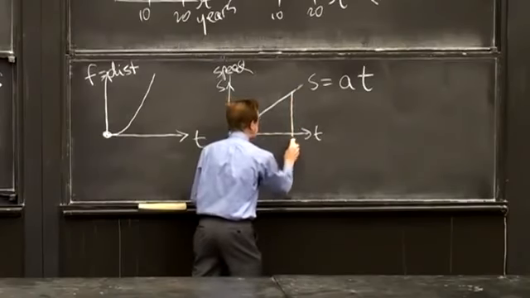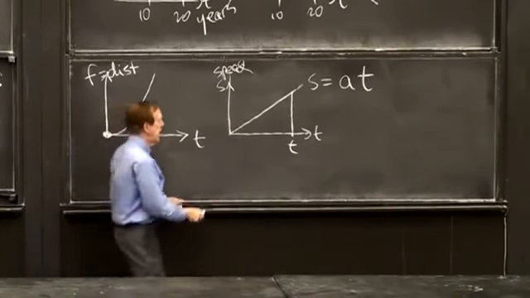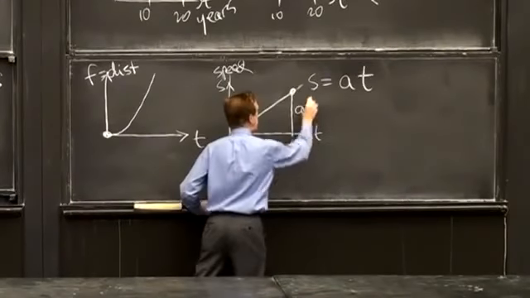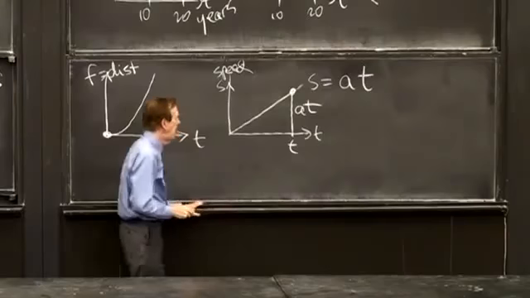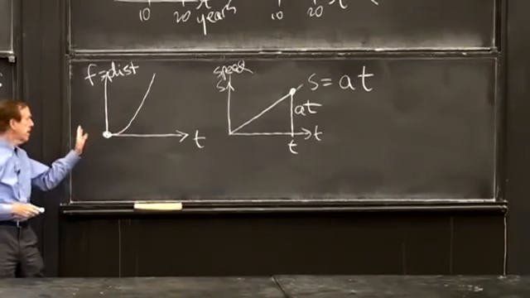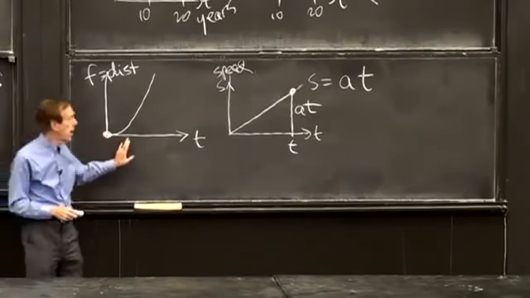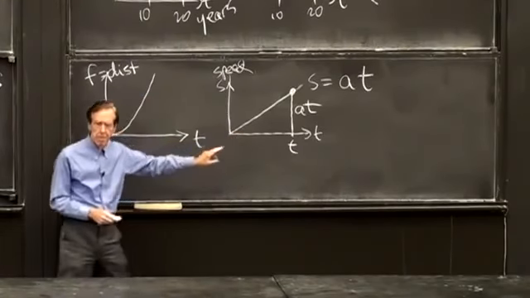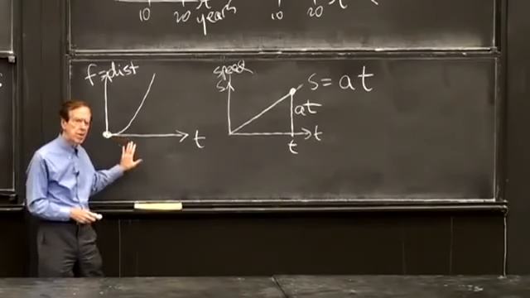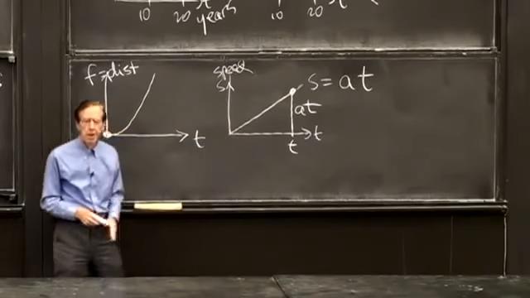If this is the time t, then of course this height here will be a times t. And the amazing fact is that the graph of function 2 tells you the area under graph 1.